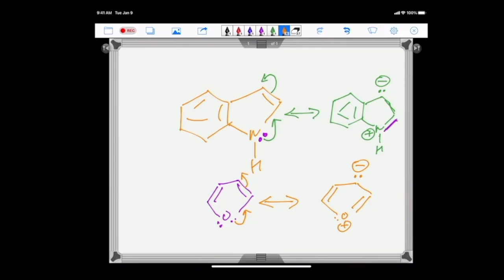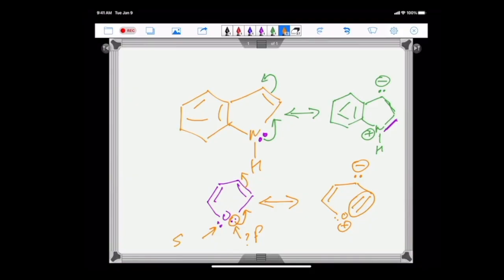For those two lone pairs, what orbital would you say this one is in? Yes, it's in a p orbital because it eventually becomes part of a pi bond. This one here is in which orbital? Do I ever need to use that one? I need one of them to be in a p orbital. I do not need both of them.